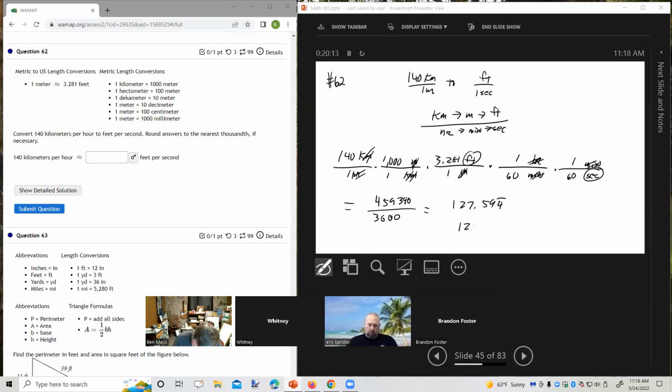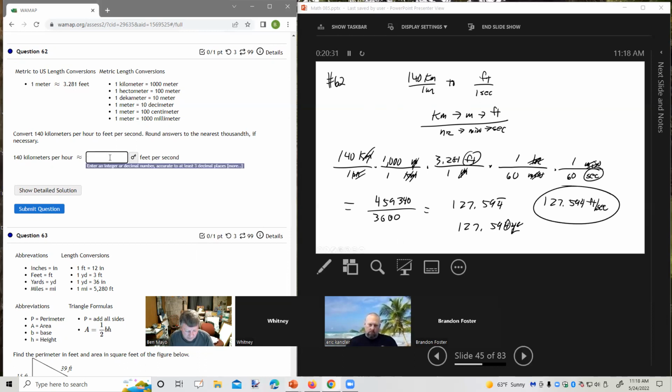So that would be 127.594. This is your 1,000th place. The 4 would round down. So 127.594 feet per second.